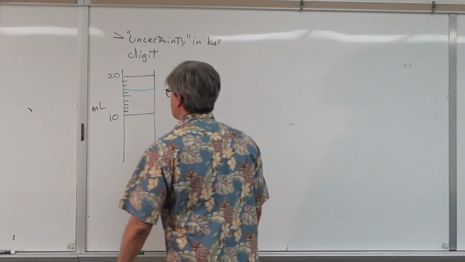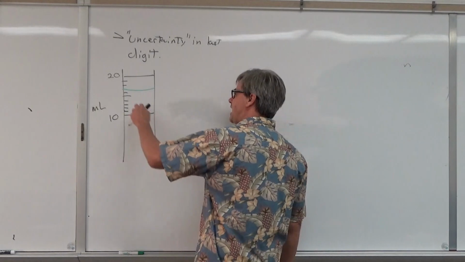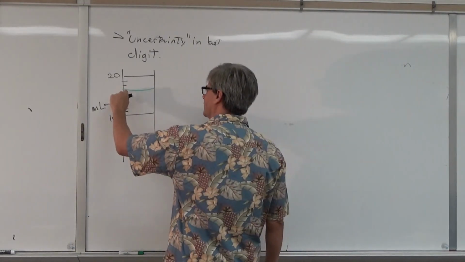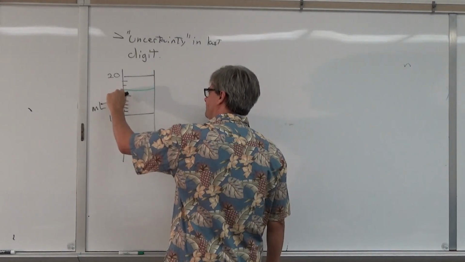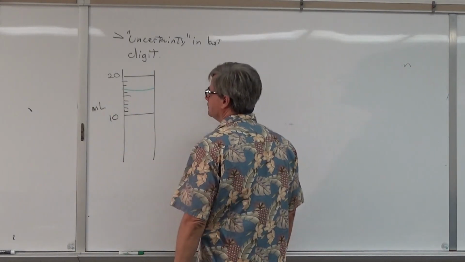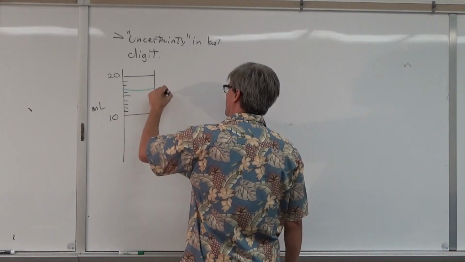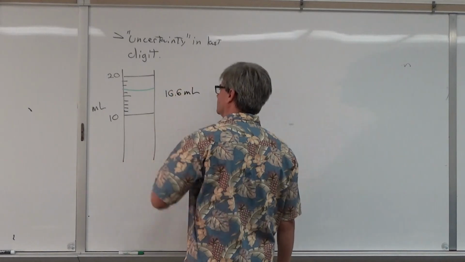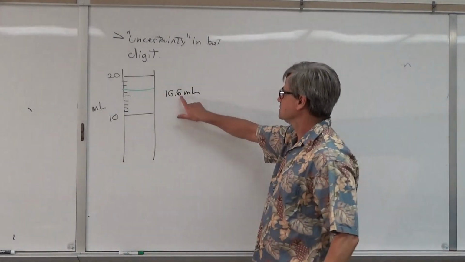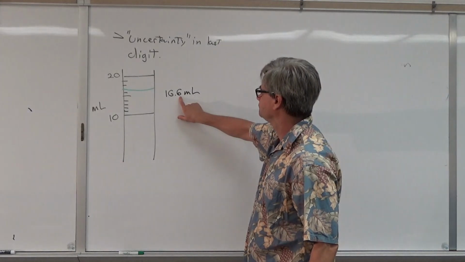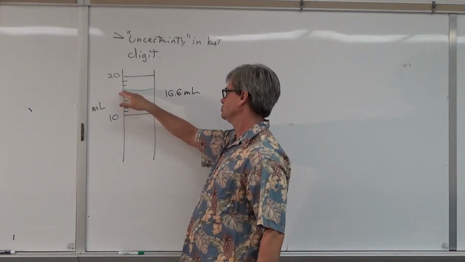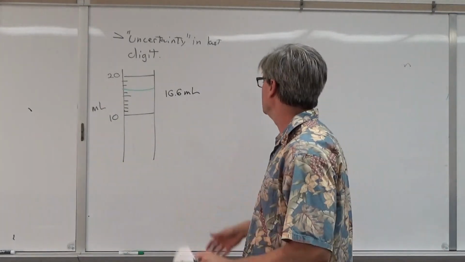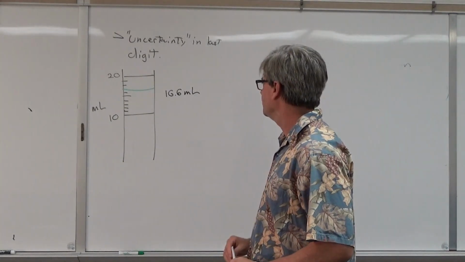But I would say that is maybe just a little bit past the midpoint. In a meniscus, you always look at the lowest point. That's just probably past the halfway mark between 16 and 17. So I would call that, with my eyes, 16.6 milliliters. Again, there's uncertainty in here, but point being, with the burette you want to be sure that you get that extra digit, that you don't just call it 16 mils.